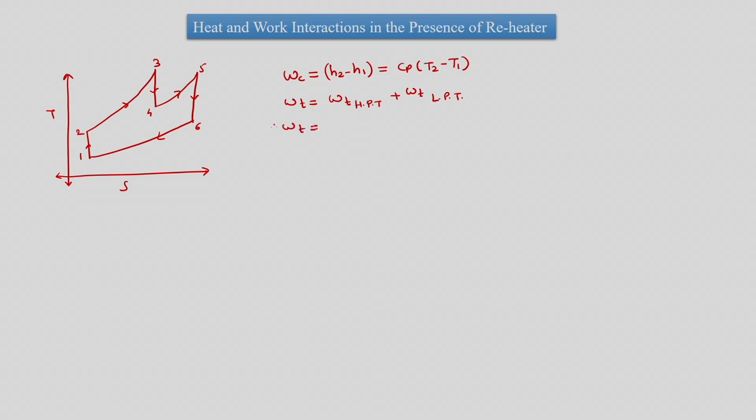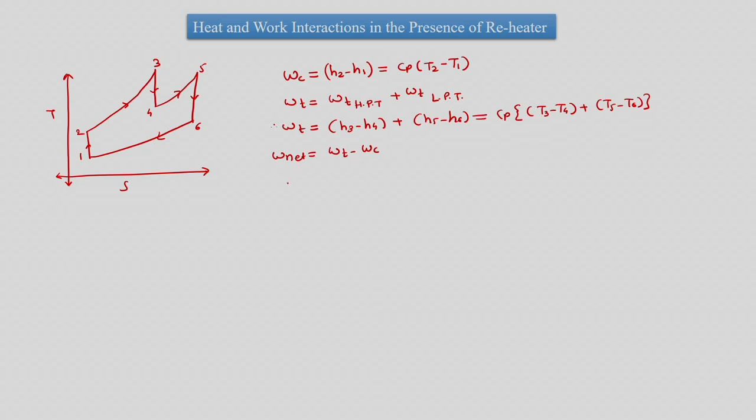So we will have Wt equal to H3 minus H4 plus H5 minus H6, and then this can be further said as Cp into T3 minus T4 plus T5 minus T6. So this is the Wt. Now we can write W net, and W net is equal to Wt minus Wc.